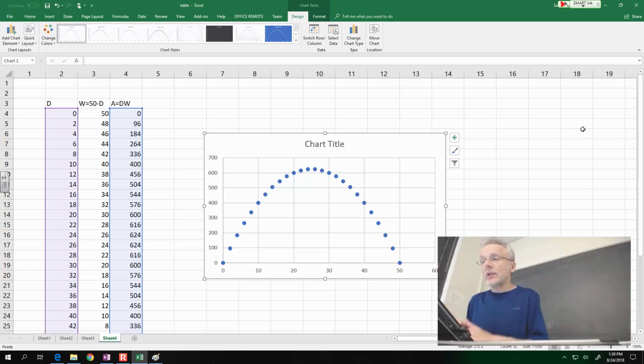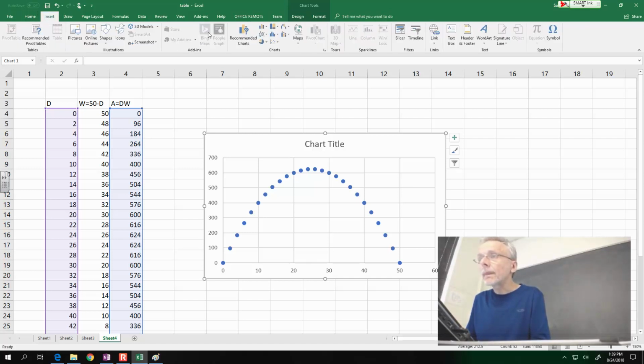You can imagine if we go 1 yard at a time, there will be more points, and those points start to merge together and form a curve. If in any doubt, in Excel you could choose different options.